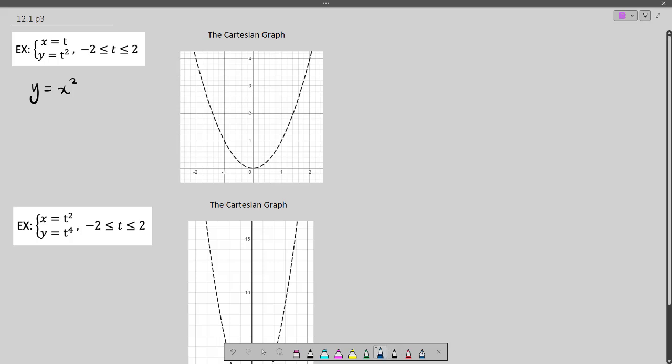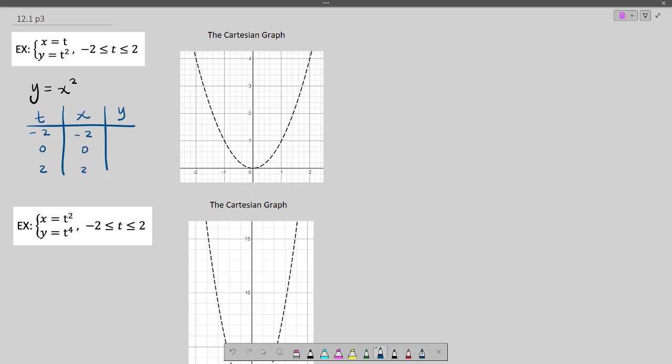Now we want our parametric curve, so we look at our t-values and see where we are and what kind of restrictions we may have. So -2 to 2 for sure, the endpoints. And usually we'll grab a third point in the middle just for good measure. You actually don't have to when the curve is not closed, but it's usually good measure anyway. If the curve is closed, you have to. Okay, so when t is -2, well the x's just match, right? Because x is t, according to the first equation.